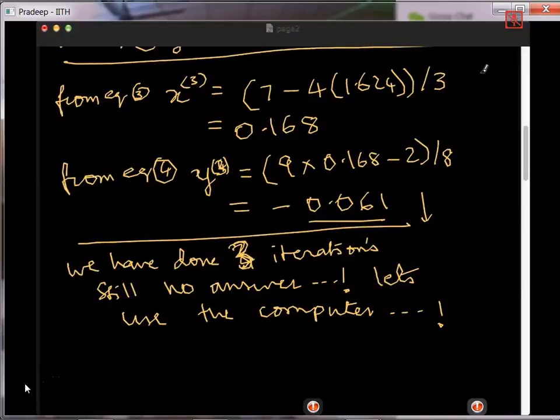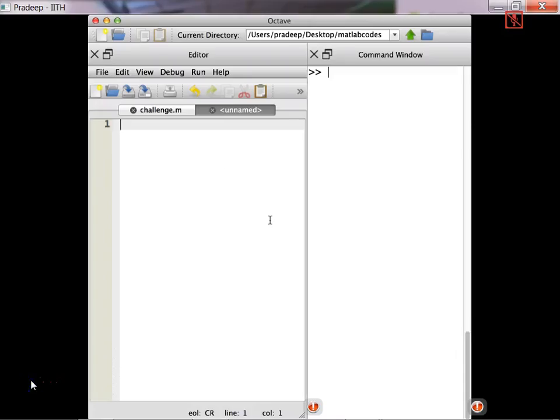I hope you got the procedure. Let me implement that procedure in code. On the left side I am writing my program, on the right side I am getting the output. What is the x value? If you refer to your notes, x is 7 minus 4y divided by 3.